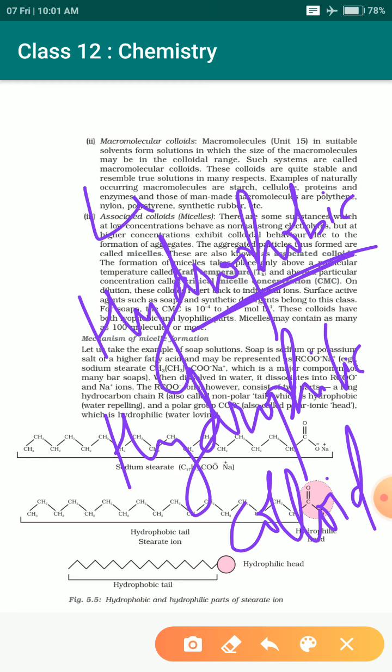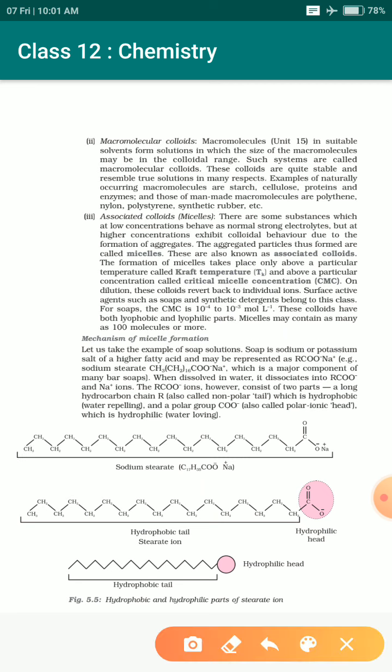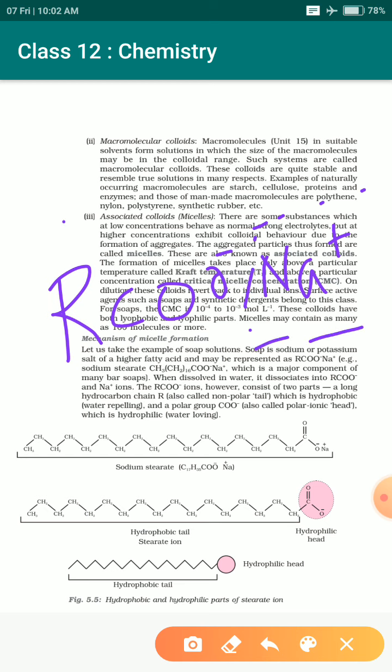We have studied actually lyophobic, so it's just similar to that. Hydrophilic means that has attraction towards water. So in this case also, the RCOO minus Na plus group has a hydrophilic part and a hydrophobic part. If we keep this Na plus part apart, this is the main thing that we need to understand.